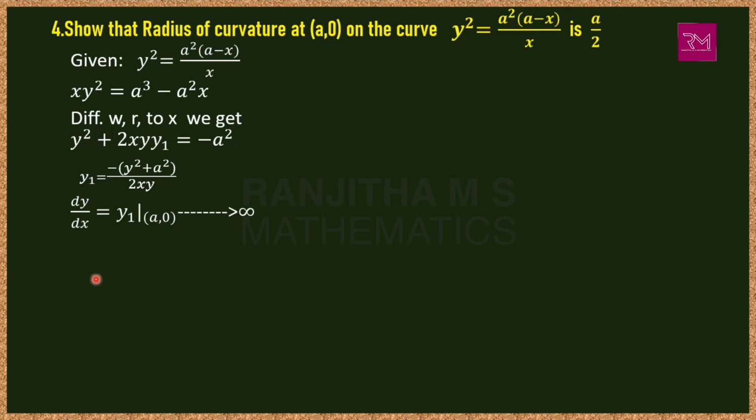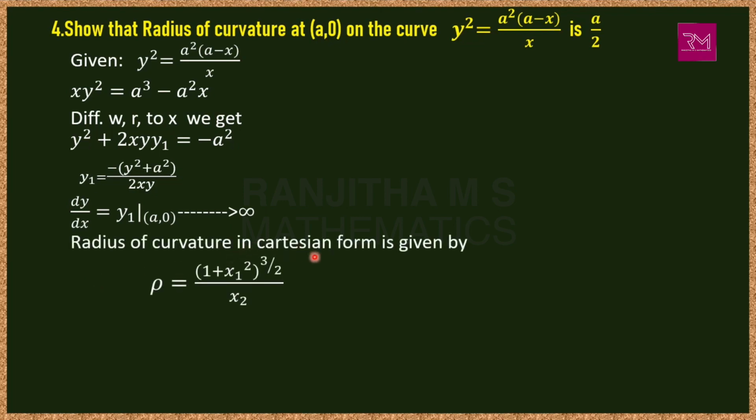So we have to take another formula to find the radius of curvature in Cartesian form, that is given by rho = (1 + x1²)^(3/2) divided by x2. This is another formula in terms of x1 and x2. Previous formulas are of y1 and y2. Here we have x1 and x2.